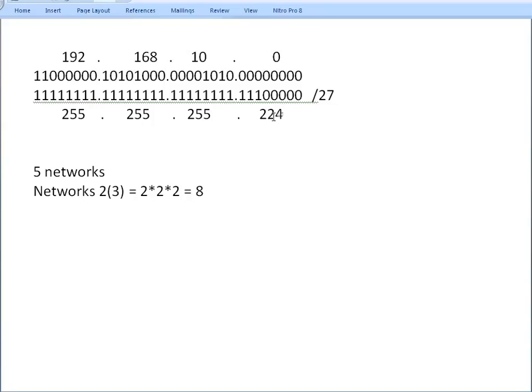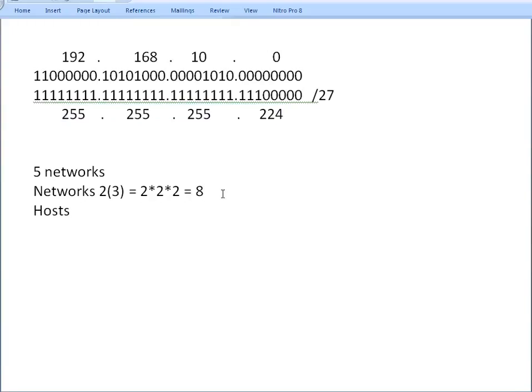So 224. Okay, great. Now we know the subnet mask. For the 5 networks, we're going to borrow 3 bits. We're going to change 3 zeros into 1s. That's going to be our prefix length, and that's going to be our subnet mask in decimal, right? And we'll get 8 networks.